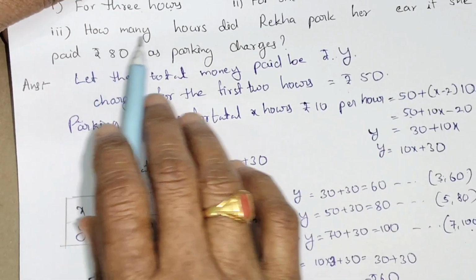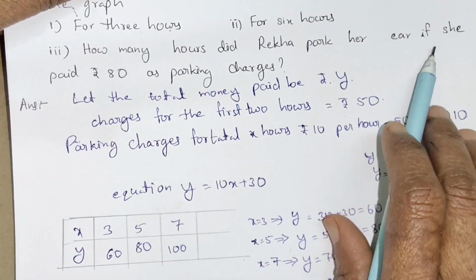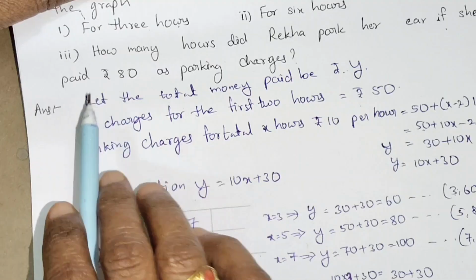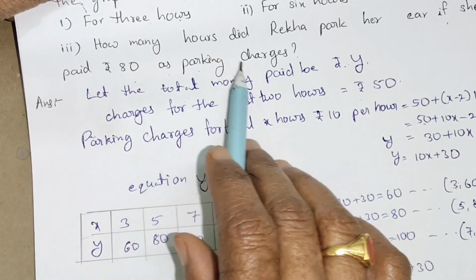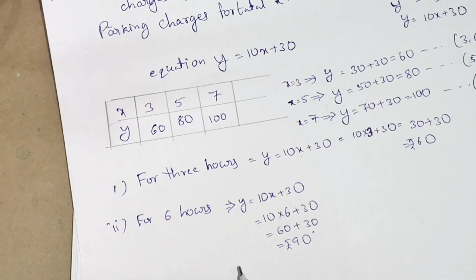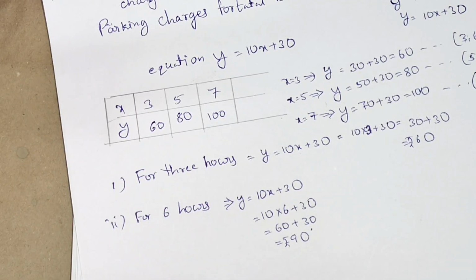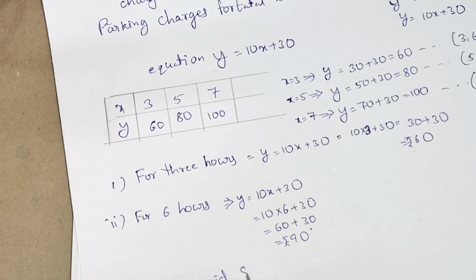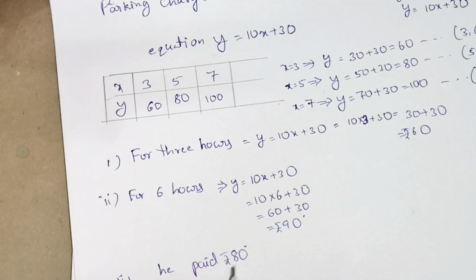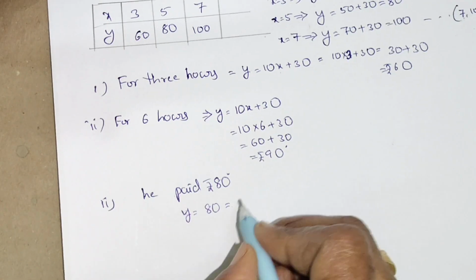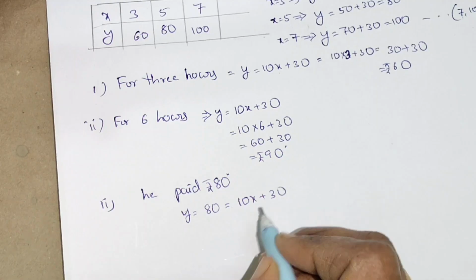Next: how many hours did Rekha park her car if she paid 80 rupees as parking charges? So Rekha paid 80 rupees. So y equal to 80 equals 10x plus 30.